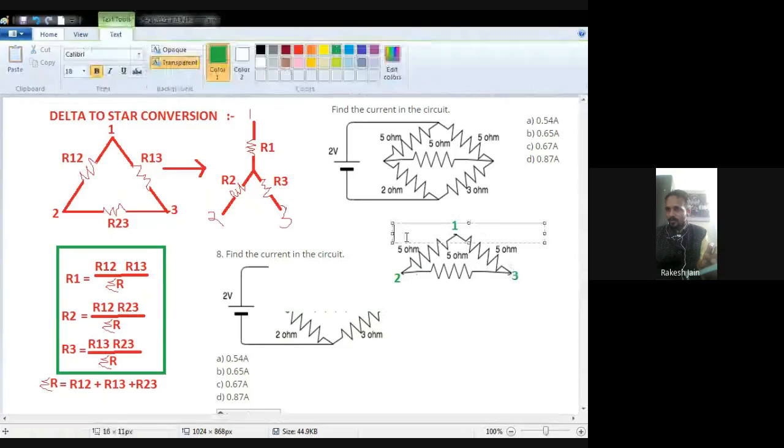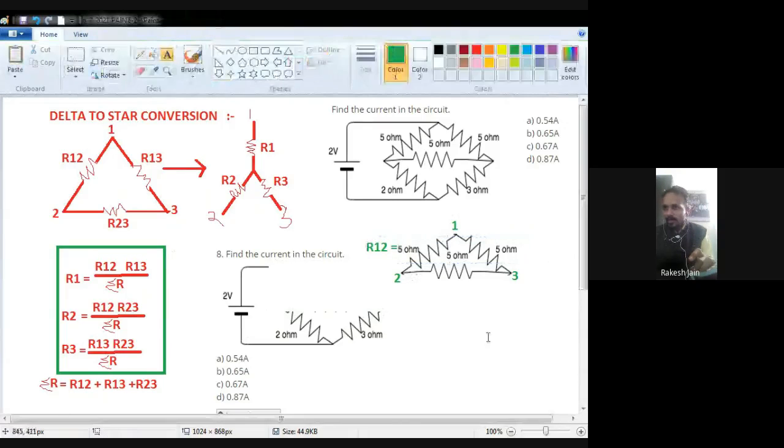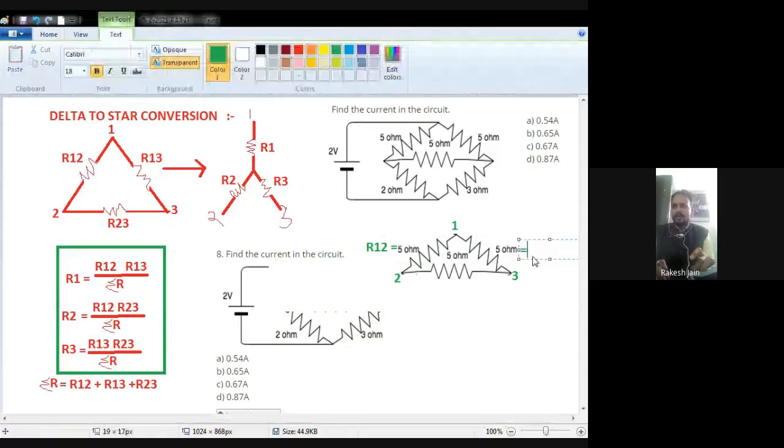Definitely, first of all I should put the names of the nodes. This is my first node, this is my second node and this is my third node. Now, this 5 ohm resistance is which one from R12, R13, R23? This one is R12. According to your theoretical analysis, you know that a resistance connected between first and second you give the name R12.